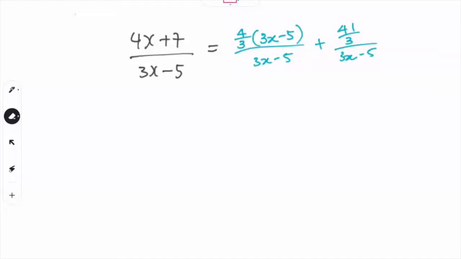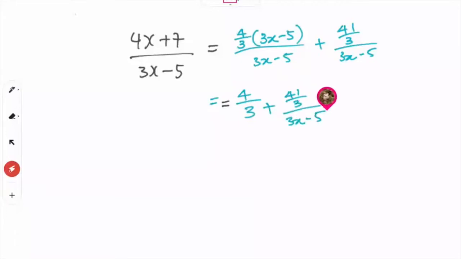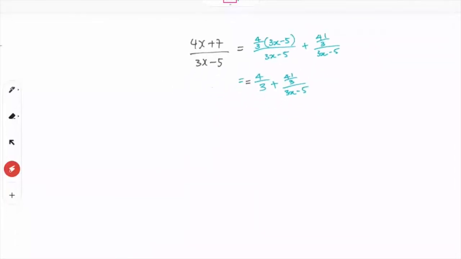Yeah, correct. Then simplify. There you cancel this thing. Yeah, like that.